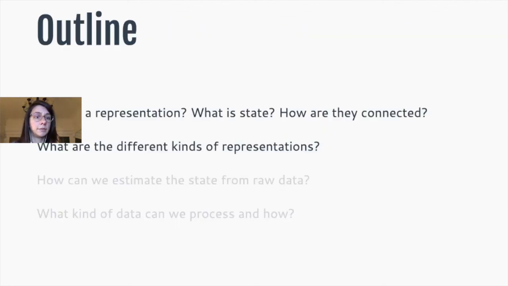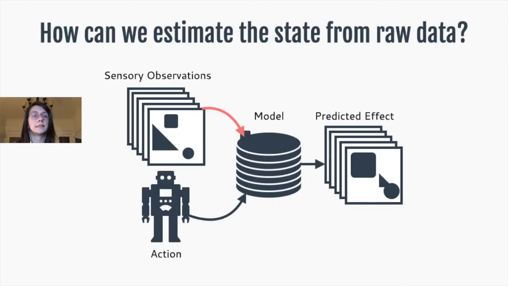And then I will also discuss the question of how we can actually estimate the state from raw data. In this case, it really also depends on the state representation that we have picked. But if we use a hand-defined model, we may actually learn how to map from raw sensory data to this particular representation.